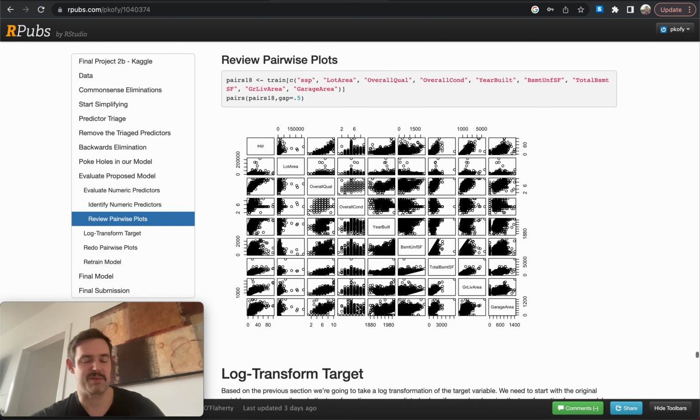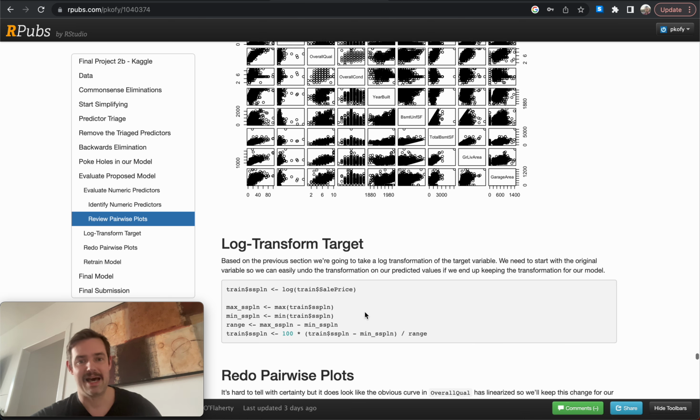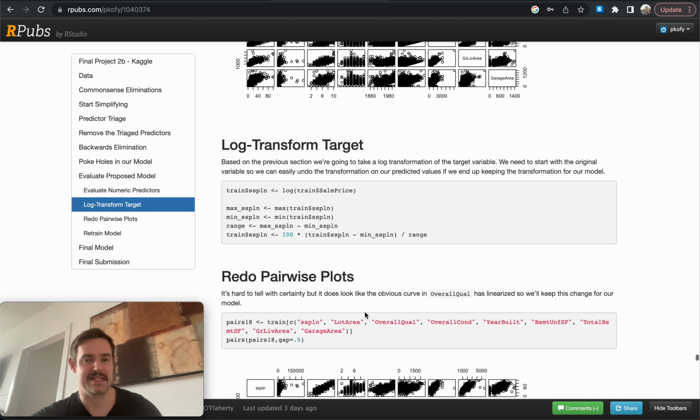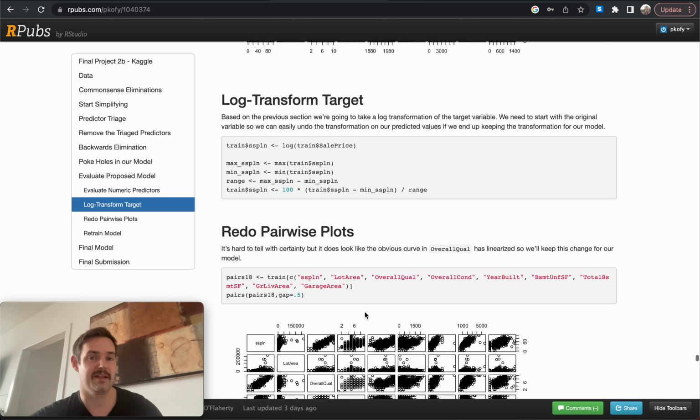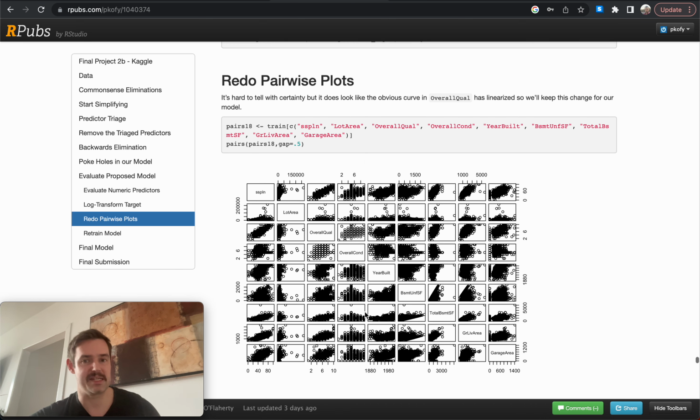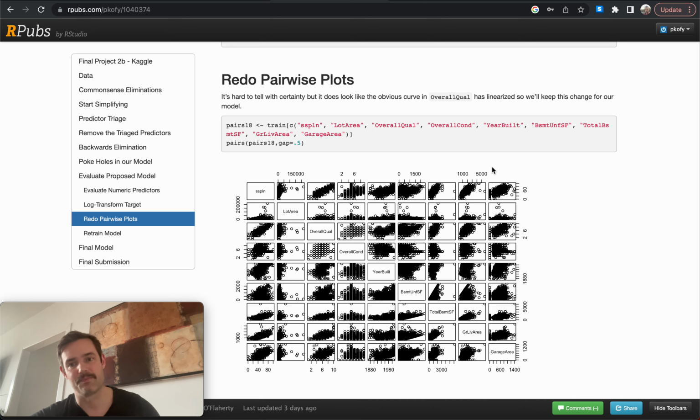So I went through this pairwise plot, and I noticed that a lot of my variables that had a meaningful relationship with the sale price had a curve in it. And I did this before part 2, so I realized that I needed to do a nonlinear transformation of sale price, and you see that disappear.